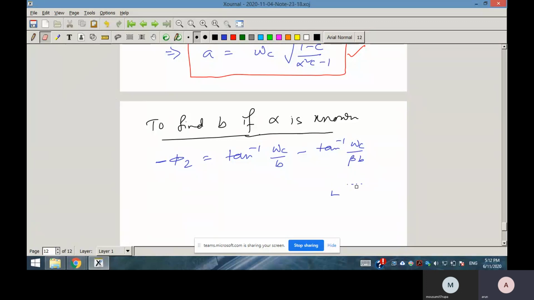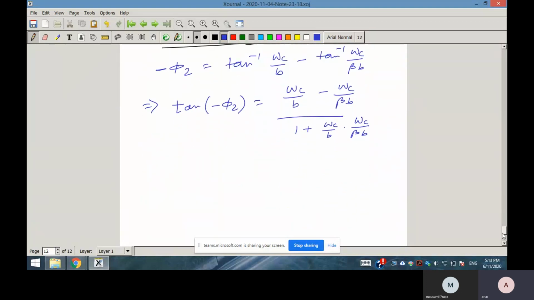So that's why I have written minus phi 2. So that means tan of minus phi 2, or tan of minus phi 2, this you will get as omega c by b minus omega c by beta b divided by 1 plus omega c by b into omega c by beta b.